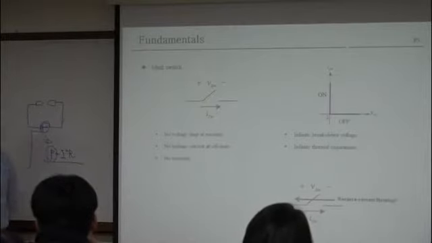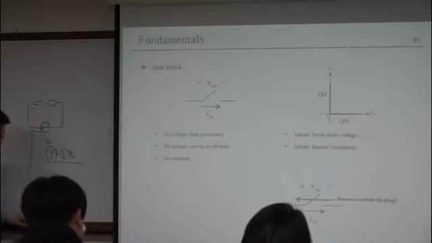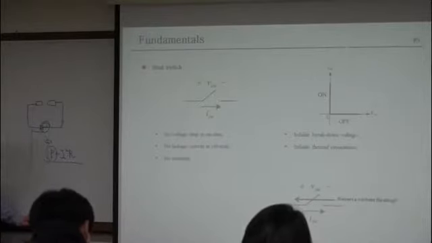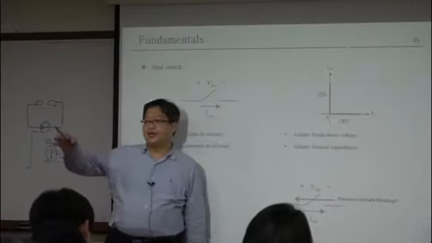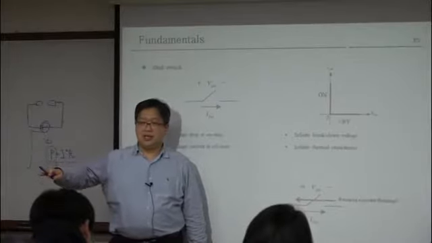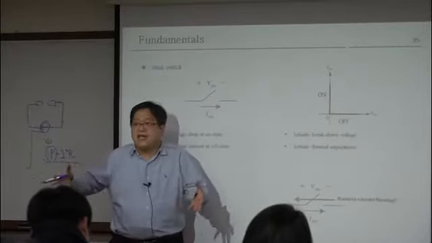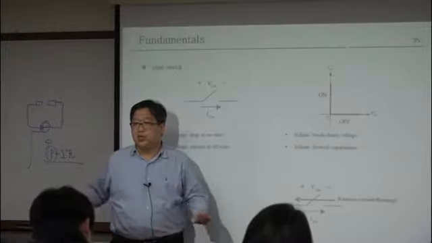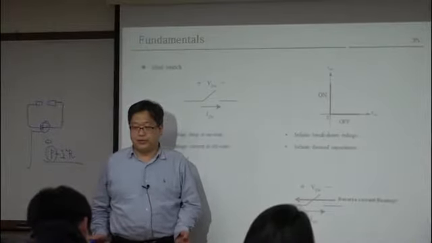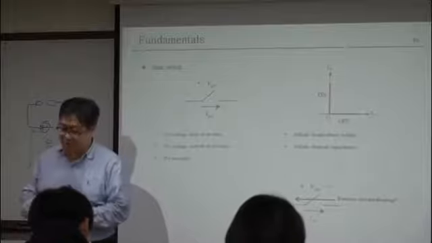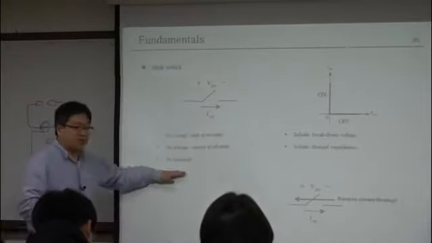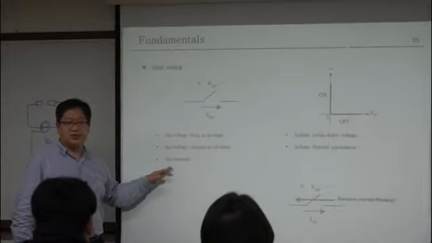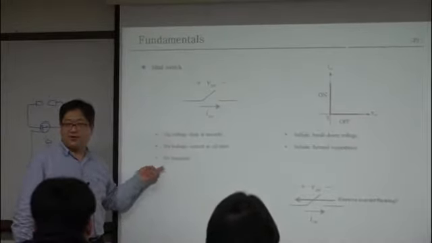Then your switch also fails, right? So, as long as you can keep the voltage less than rated, and as long as you can manage your thermal, your switch will not die. Okay? But it is very difficult. In fact, it's very difficult. Why? Because of the transient.